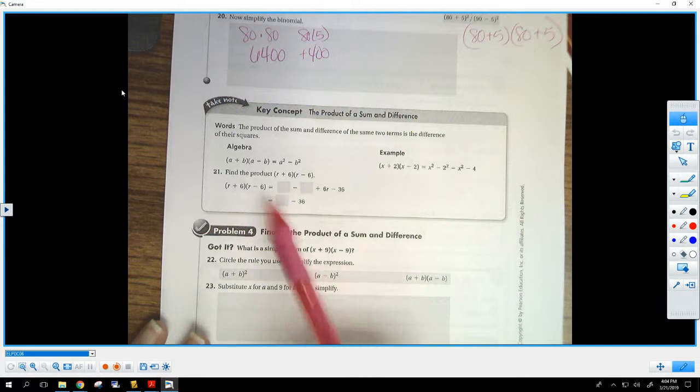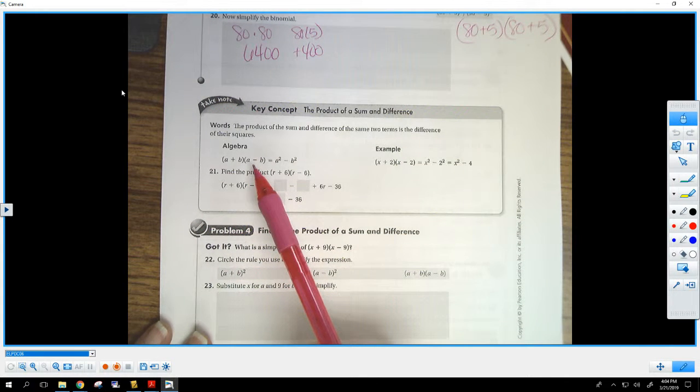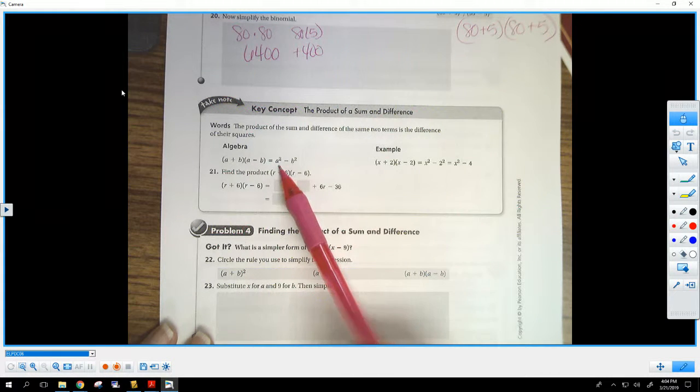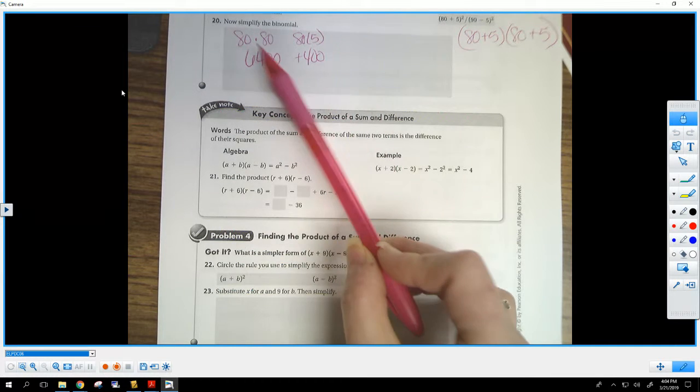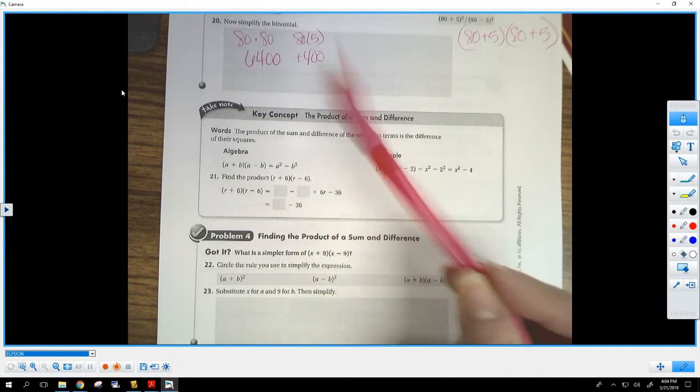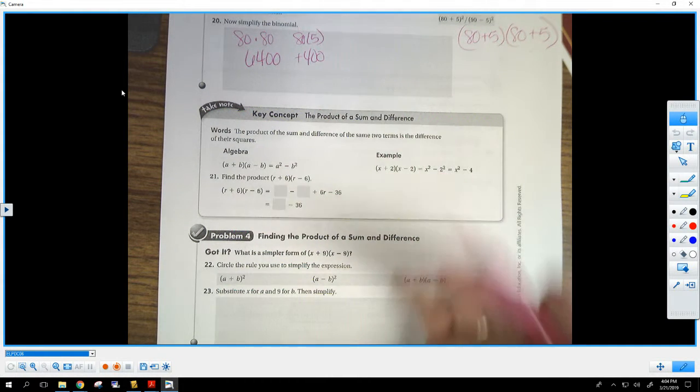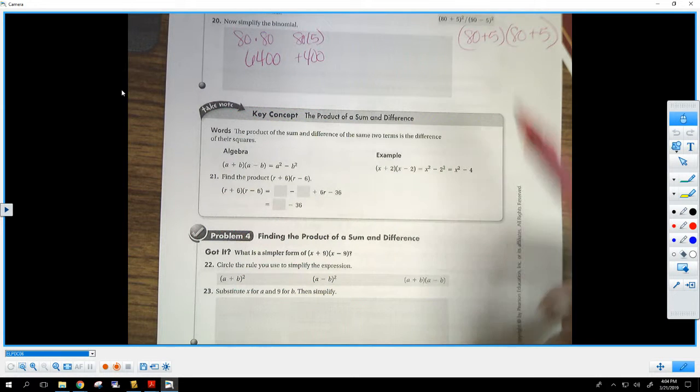Same as what we did here when you have a plus b, a minus b, you're going to end up with a squared minus b squared. But you still do FOIL or box or distributive property. See where the book is showing you that there are other ways, but they require more steps and memorizing another equation.